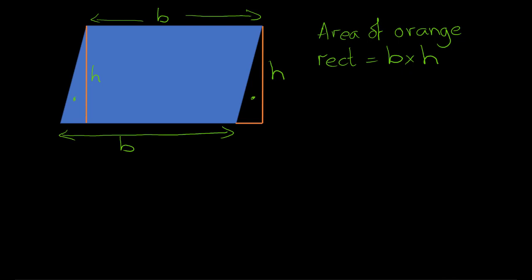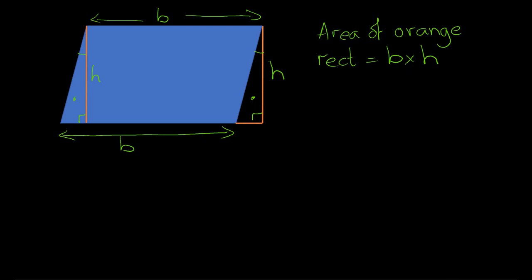What I've done in effect is I've chopped off this section here and I've moved it across to here. So let's just prove that those two triangles are identical in size. They're both right angle triangles, so that angle is the same. Then if we use our parallel line rules, specifically the corresponding one, this angle here will be the same as this angle here, because those two orange lines are parallel.